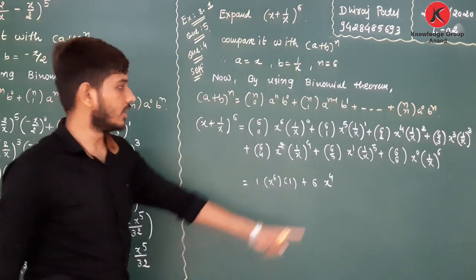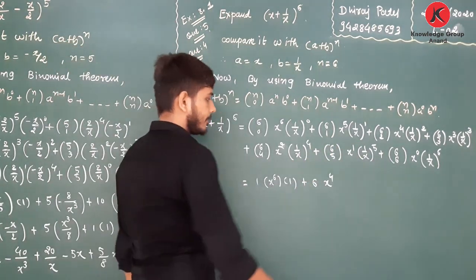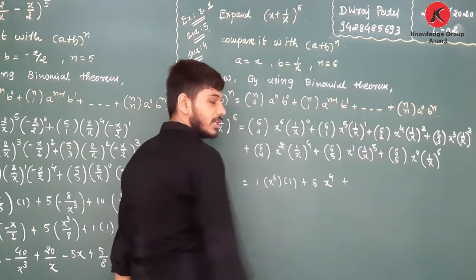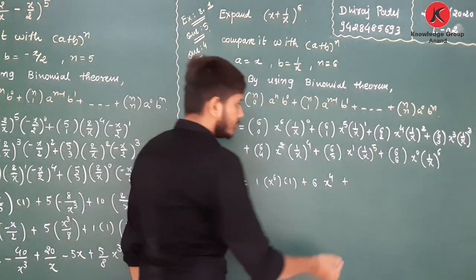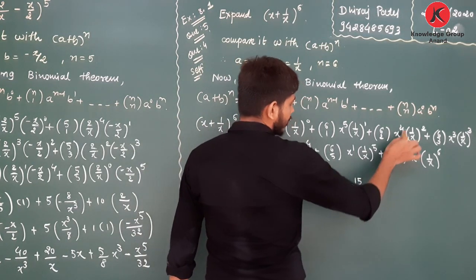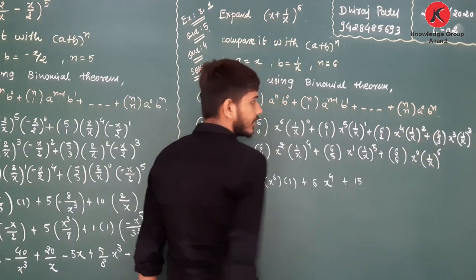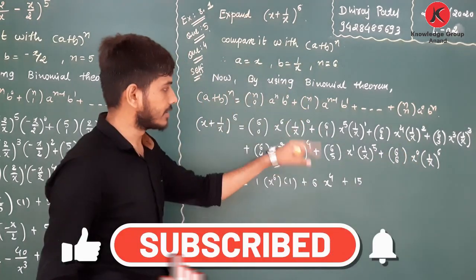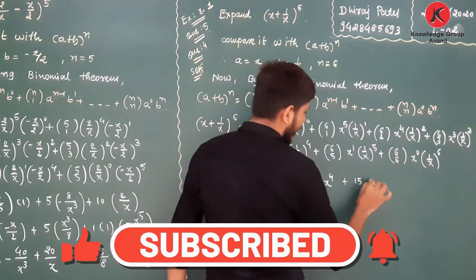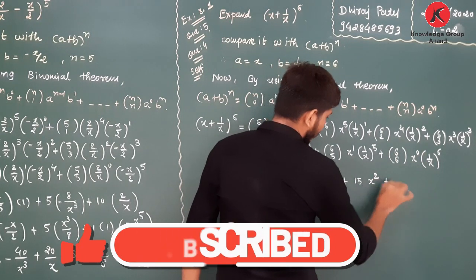We can calculate it directly. Plus 6C2 becomes 6 fives are 30 divided by 2, 15, into x raised to 4 divided by x square. 1 upon x will become 1 upon x square. The x raised to 4 divided by x square will become x square.